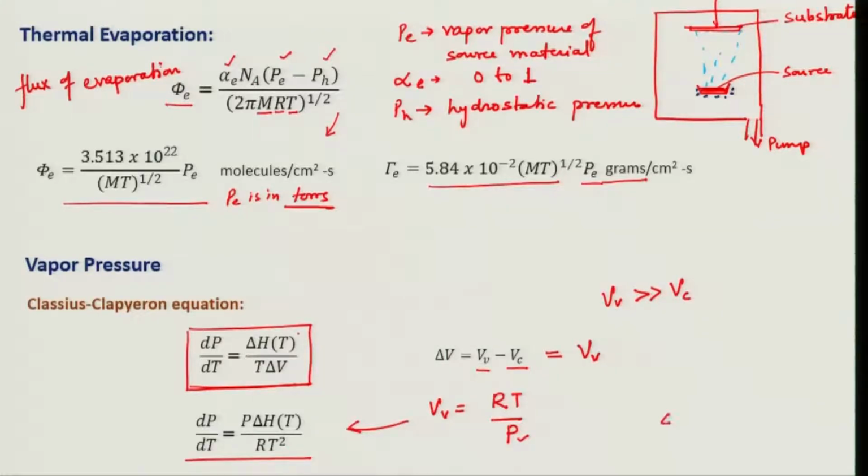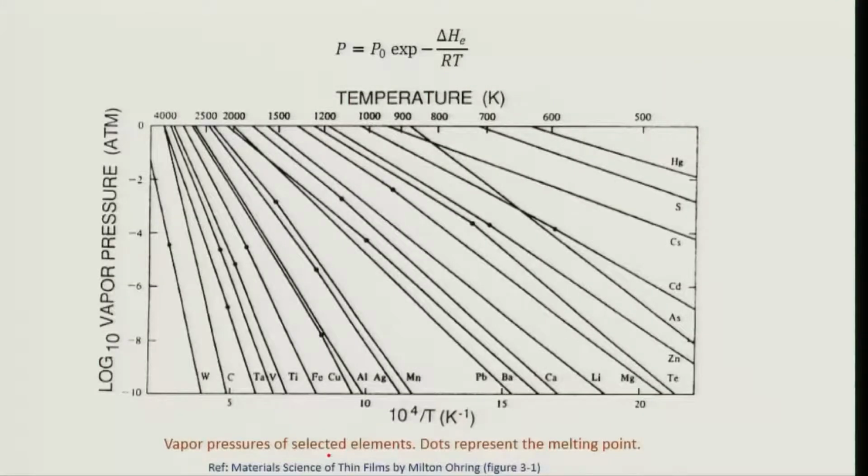Now, this delta H we can use as delta H E, the change of enthalpy or molar heat of vaporization, and this is almost constant with temperature. So, using these expressions and by integrating this expression here, we can define vapor pressure as a function of temperature like this. This is my expression for vapor pressure as a function of temperature.